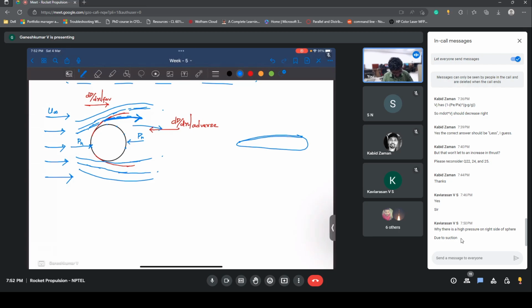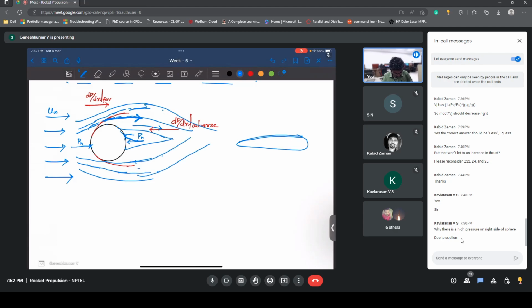So in order to leave that surface, there should be a flow separation happening, and in order to have a flow separation, there's going to be an adverse pressure gradient, and because of this adverse pressure gradient, this flow will separate and reattach at a later point.